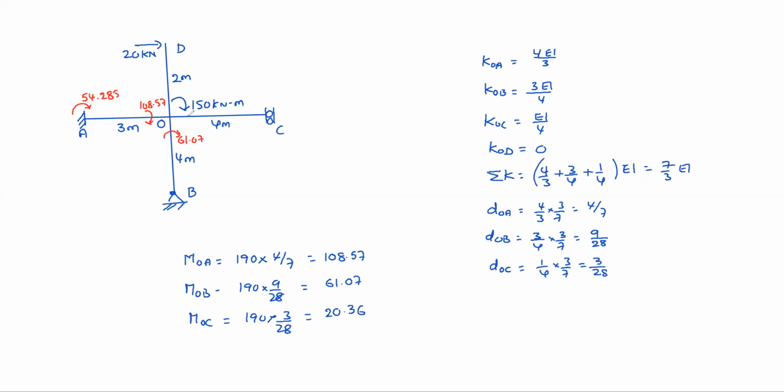OC 20.36, clockwise, so anti-clockwise 20.36. Okay, this is the analysis. Of course, here this is 40. Okay, 20 into 2, that one. Clear, Srinivas?